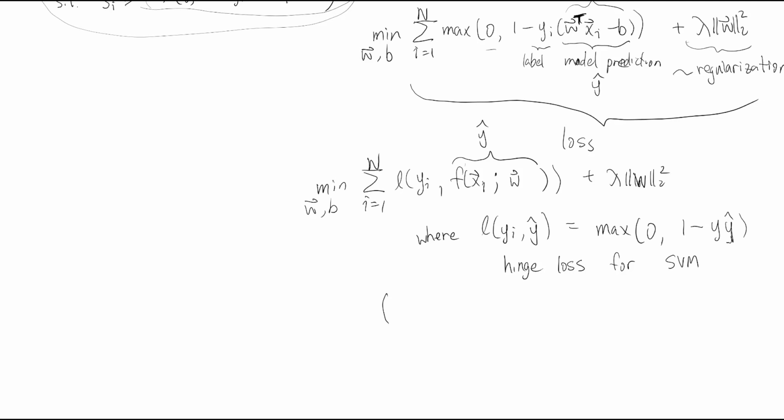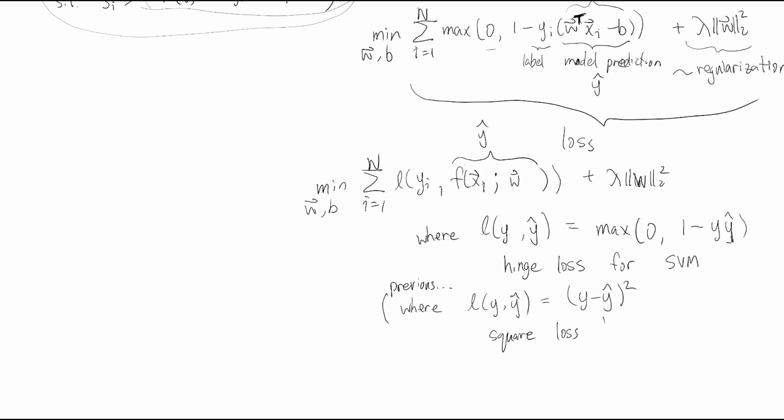But previously, we actually had L of y hat. So this is kind of for any data point y, L of y hat. Previously, we had y minus y hat squared. So that was the square loss, right?